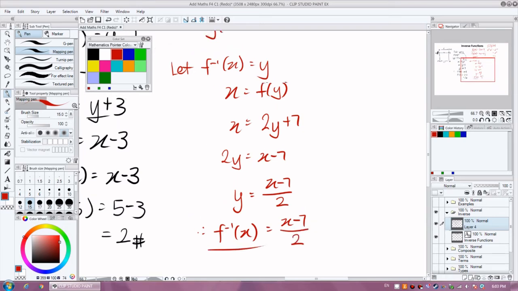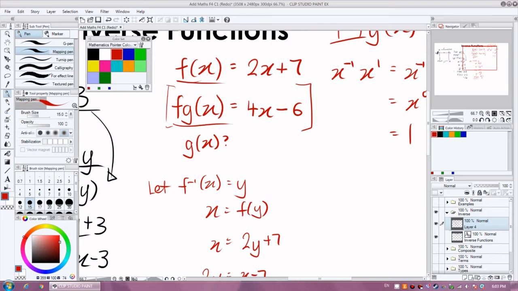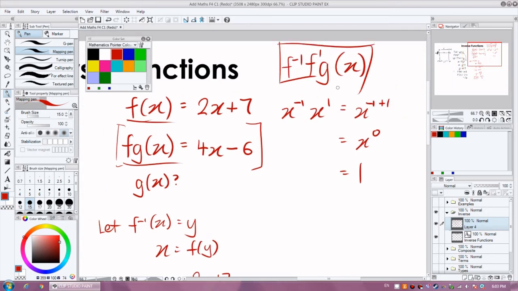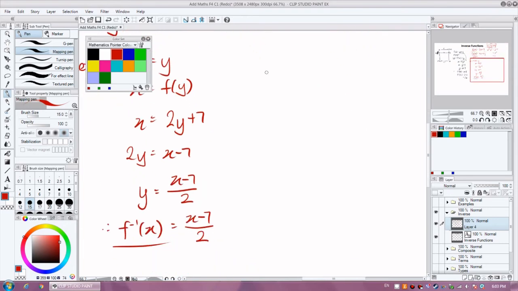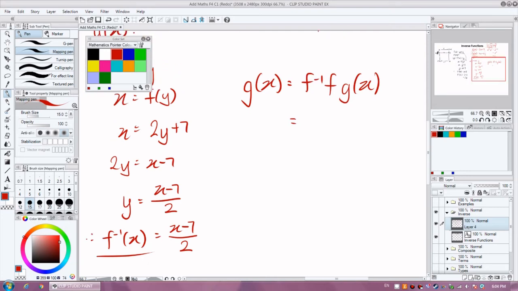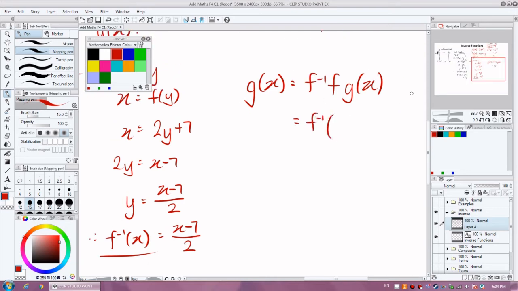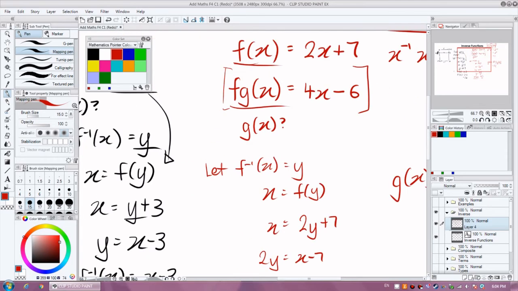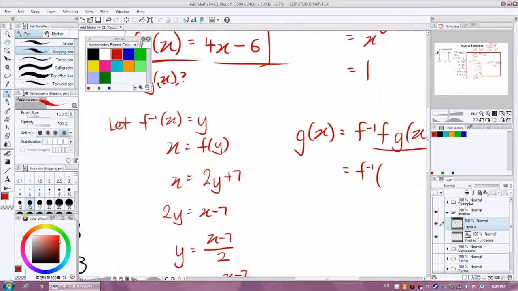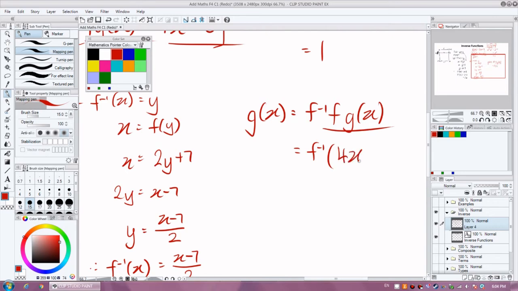So now we know the inverse function and we know the composite function, so we can use this combination to find g(x). g(x) will be equal to f⁻¹(fg(x)). As we know fg(x) already, which is 4x minus 6, we can just sub it in.